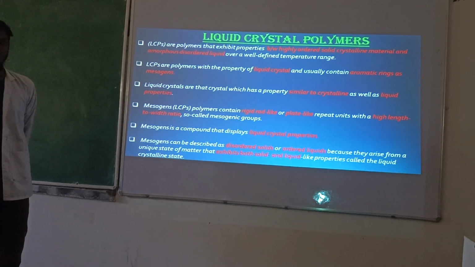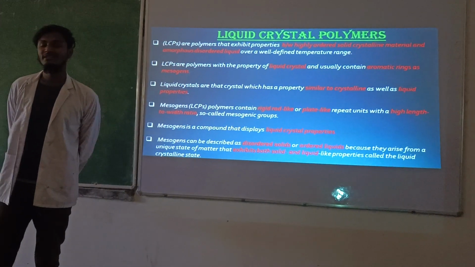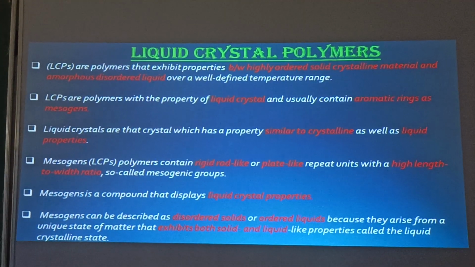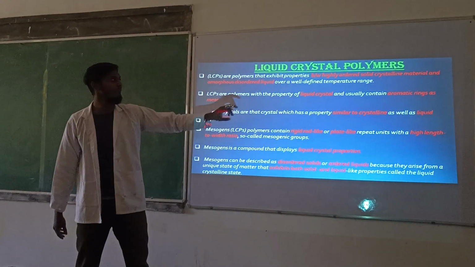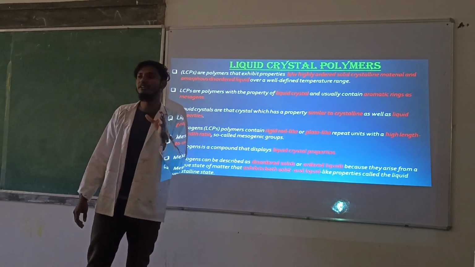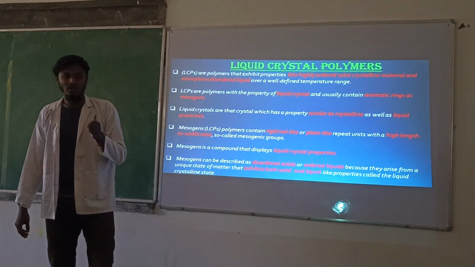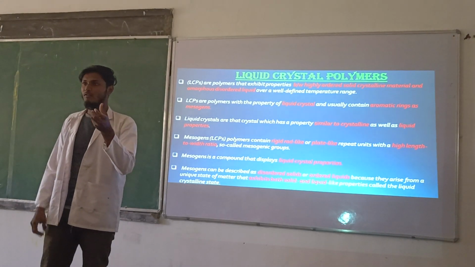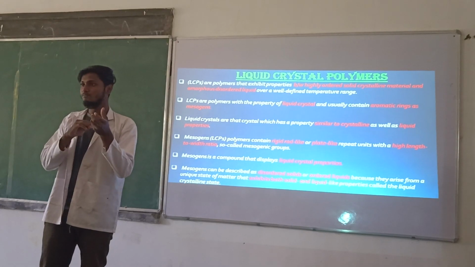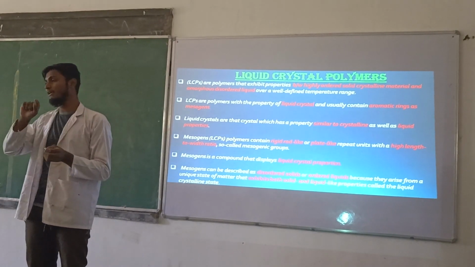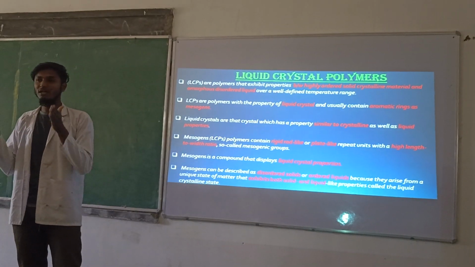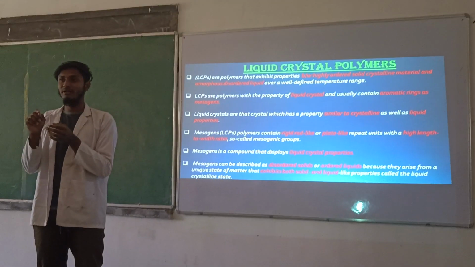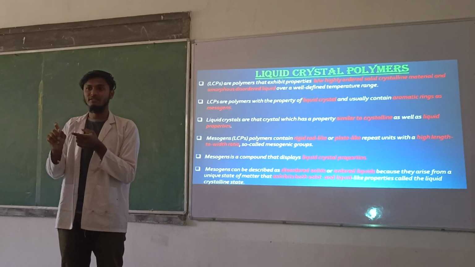Liquid crystal polymer. This topic is very interesting. Liquid crystals means things which show both characters, liquid and crystal. A crystal, we know, is in a solid form. Let's take an example. When we have a solid and start heating it, it will convert into a liquid, but there will be a state in between.